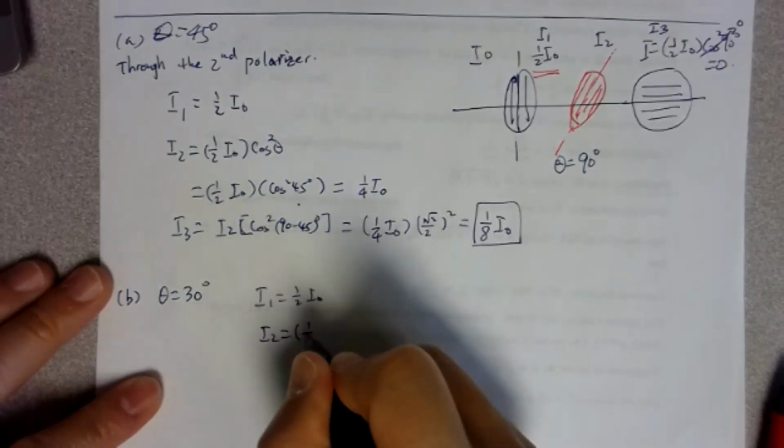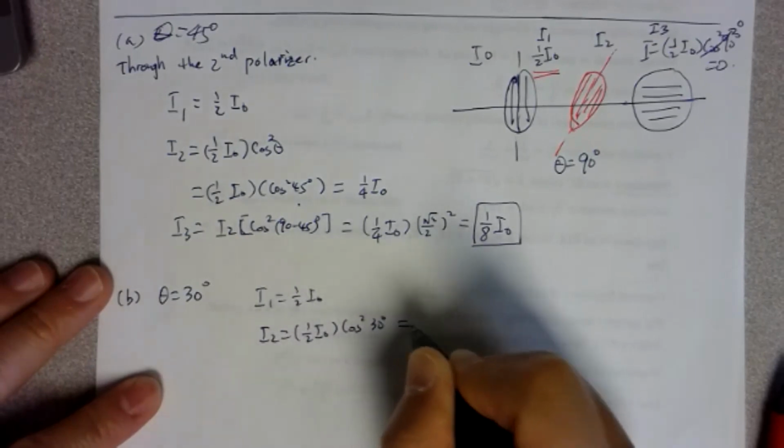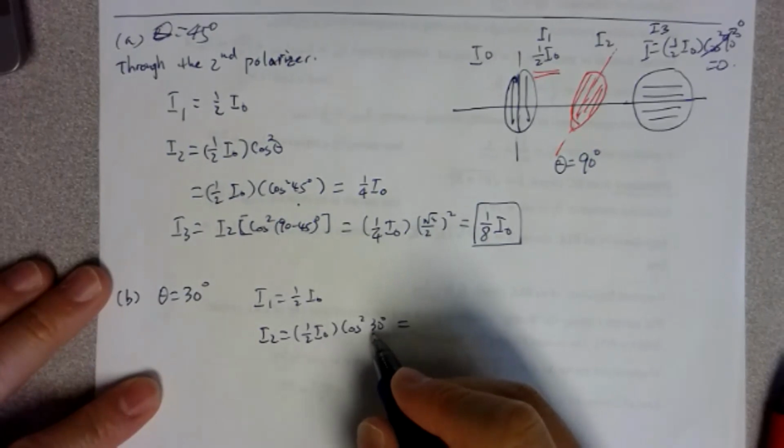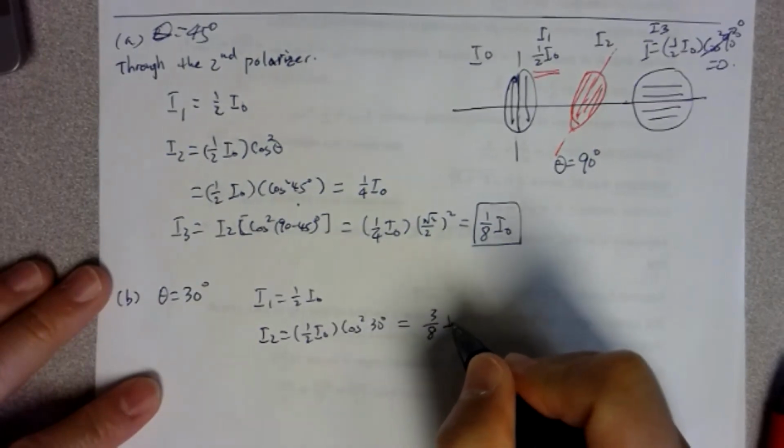I2 is equal to 1/2 of I naught cosine squared of 30. Cosine of 30 is the square root of 3/2, so squared it becomes 3/4, and you'll get 3/8 I naught.